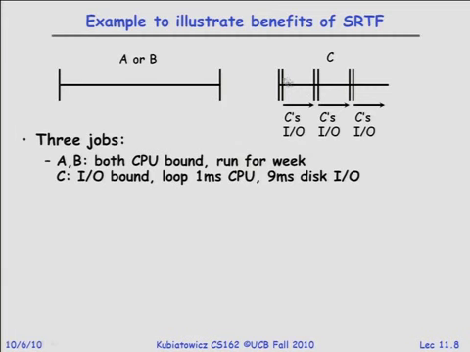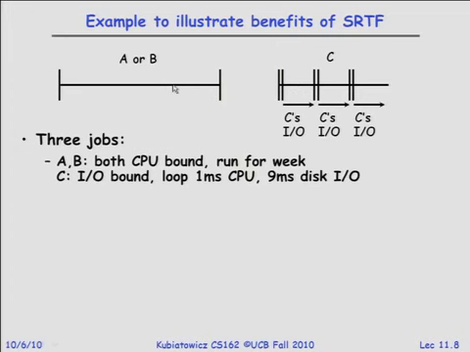And then the I/O operation here is sort of 9 out of 10 milliseconds. Okay, and so in order to really optimize use of the disk, C needs to make sure that it gets to basically run the disk for 90% of the time, because that's optimal. A and B, ideally, to get the best throughput, they'd like to run all the time.